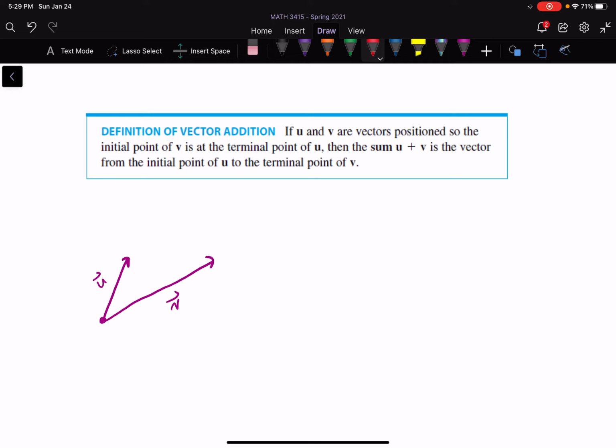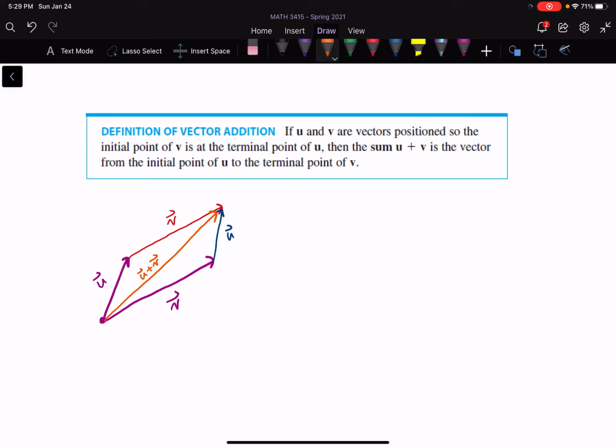What I'm going to do is take a new copy of v and put it right there. Then I'm going to take a new copy of u and put it right here, and they'll always match up, just because that's the way this works. And then u plus v is the vector that goes right in between. So this vector right here is u plus v. That's how the geometry works.